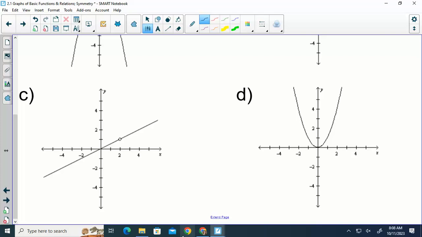So to give me the interval, you would say negative infinity to 2, union 2 to infinity. And D, what is it? It's continuous everywhere. Does everyone understand what it means to be continuous when looking at a graph?